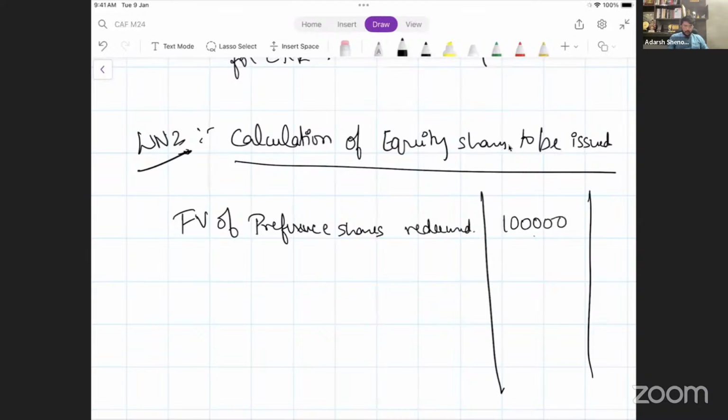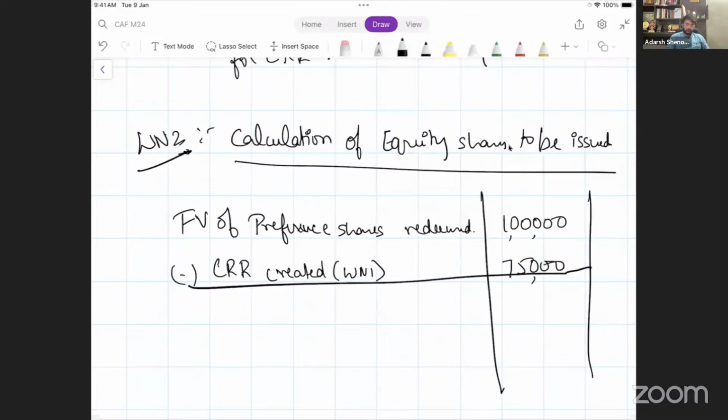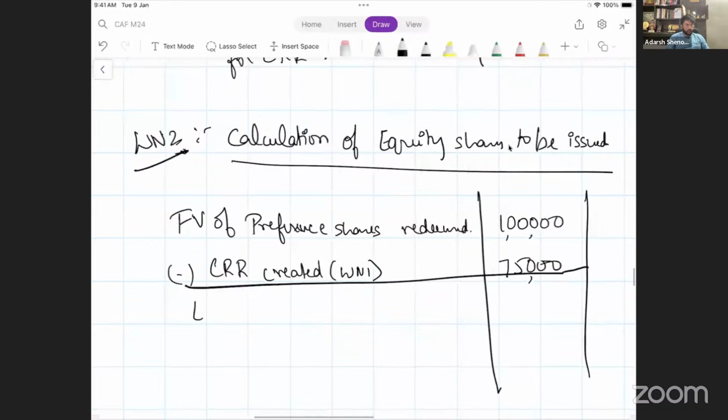One lakh is the face value of the preference shares which are redeemed. 75,000 is the CRR I have created, because they said to create as much CRR as possible. So we have done that, and the remaining is 25,000, the face value of equity shares to be issued.